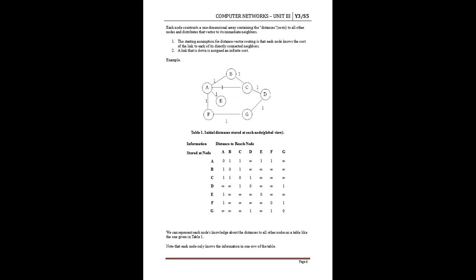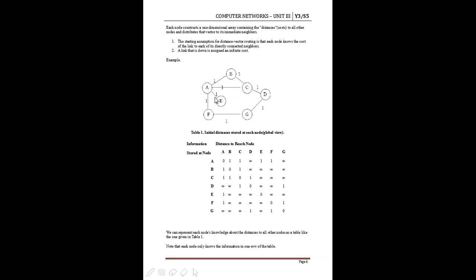Then this is one example for the distance vector algorithm. A, B, C, D, E, F, G is the graph here, with the weights mentioned. You can see a tabular column. A to A there is no distance. A to B there is a distance of one. A to C there is one, and A to D there are infinite routes, so it is marked as infinite.